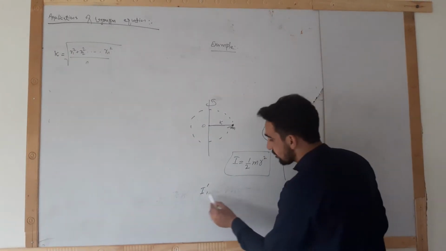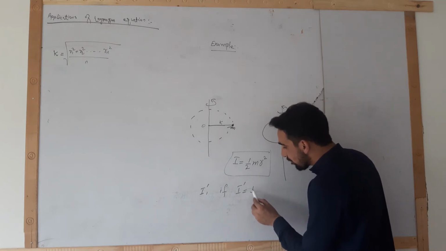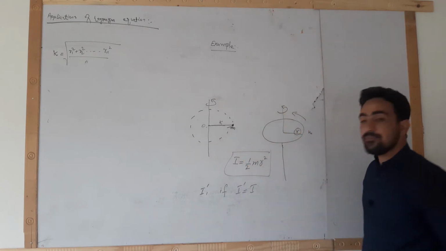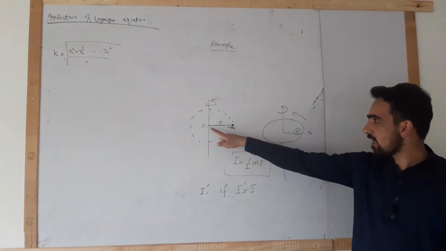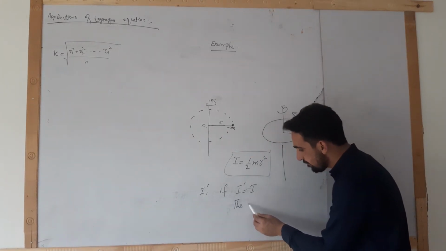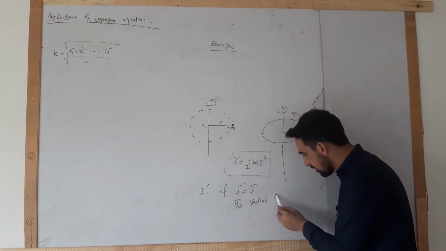If I prime is equal to I, then the distance k from O to m is called the radius of gyration.